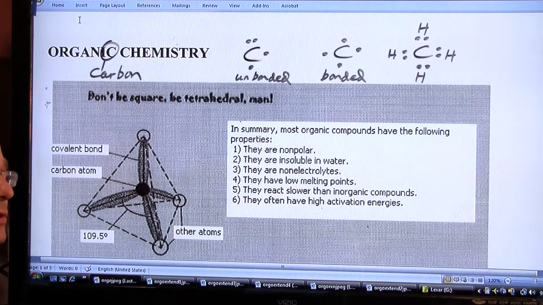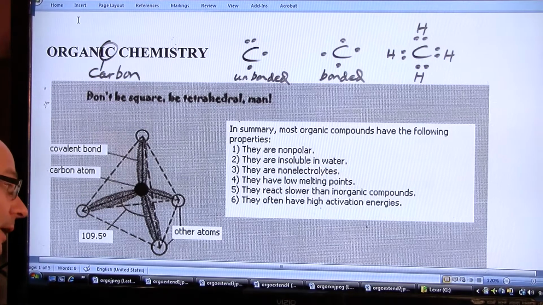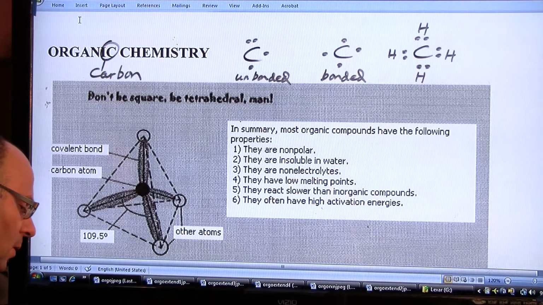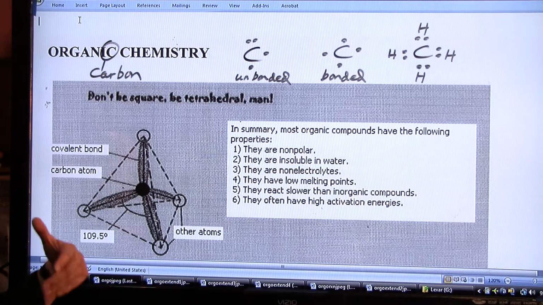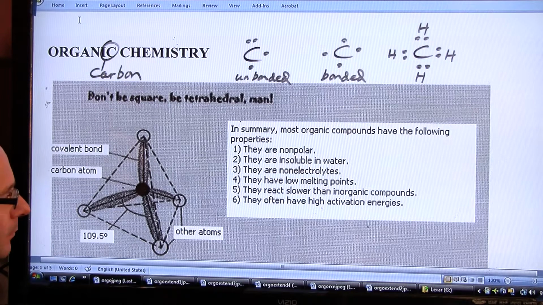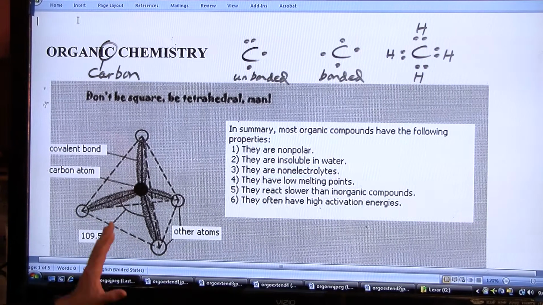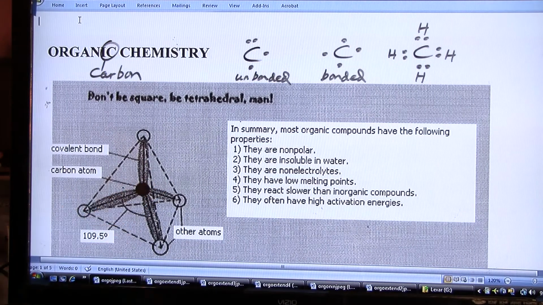You may have mentioned it in an honors chemistry course or some kind of institute course where they mention VSEPR, but right now I'm just going on and on. The bottom line is that what we end up with is a symmetrical molecule.